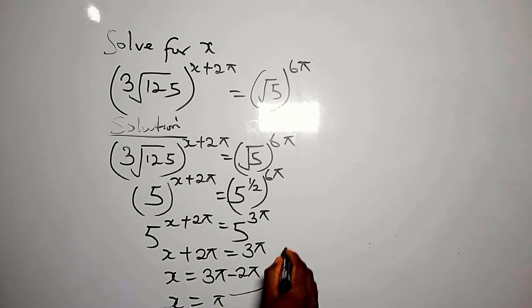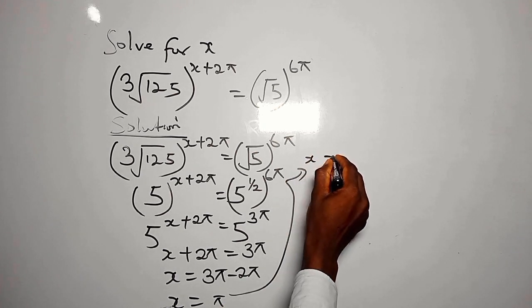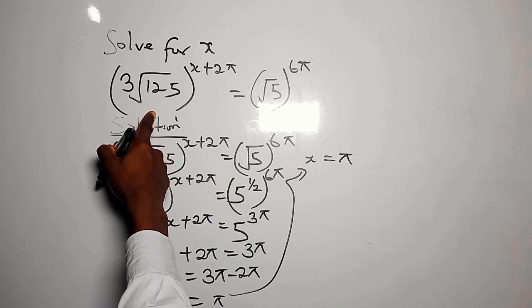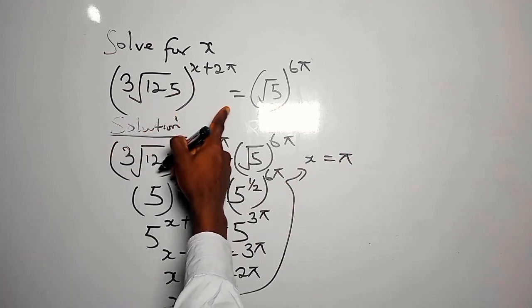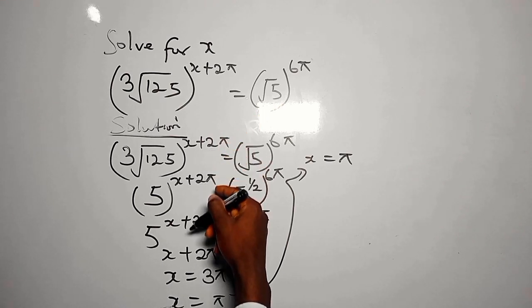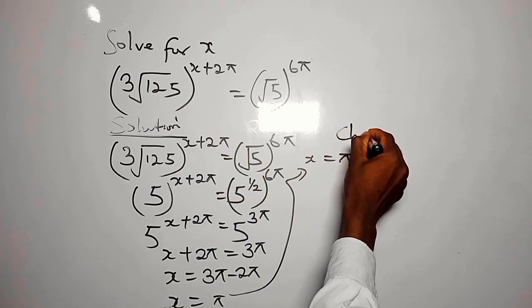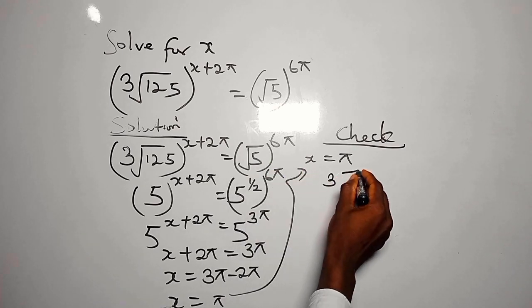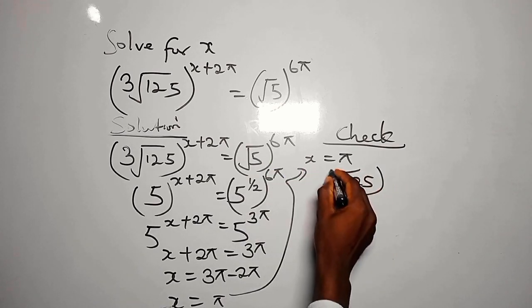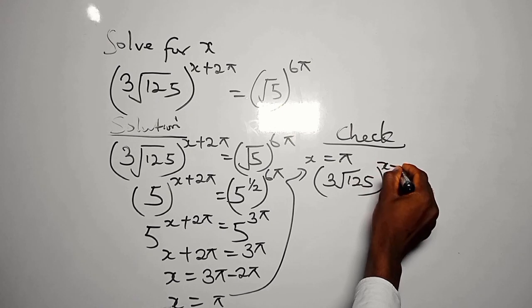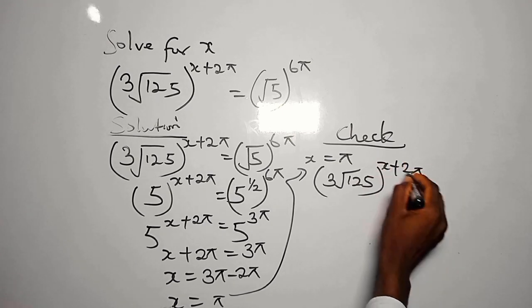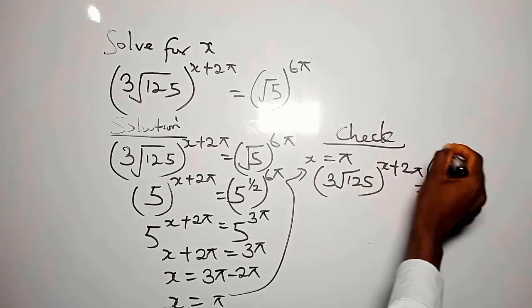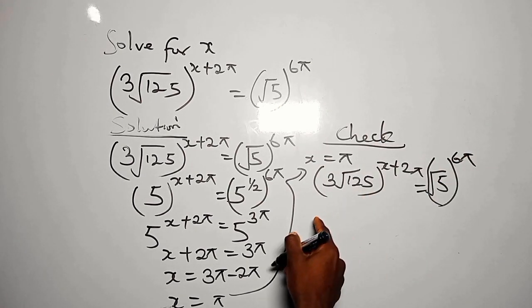So if x equals π, let us check the value of x in this equation, to see whether the left hand side of the equation equals the right side. Let us check. For the cube root of 125 raised to power x plus 2π equals root 5 raised to power 6π.